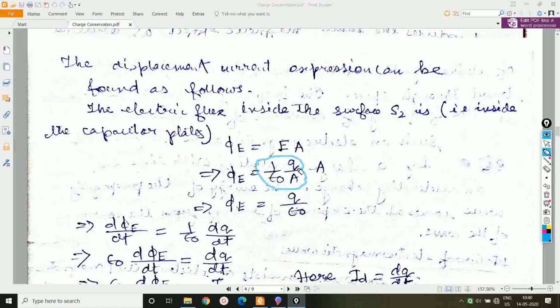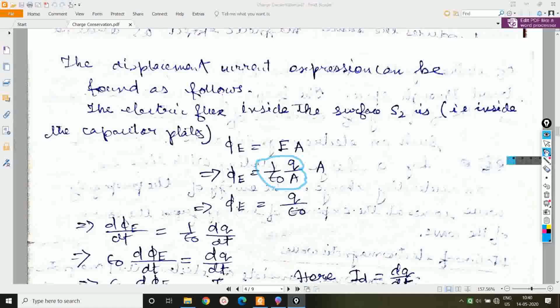So for the capacitor plate, the electric field is 1 by epsilon 0 q by A, obtained from Gauss's law, or some other consideration. So A and A get cancelled, and phi equals q by epsilon naught here.